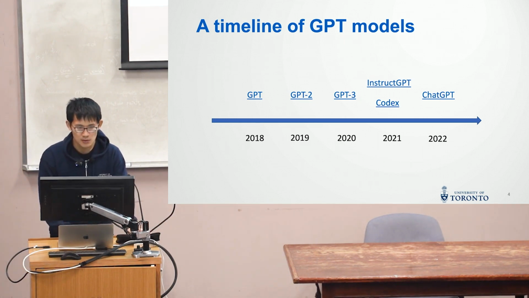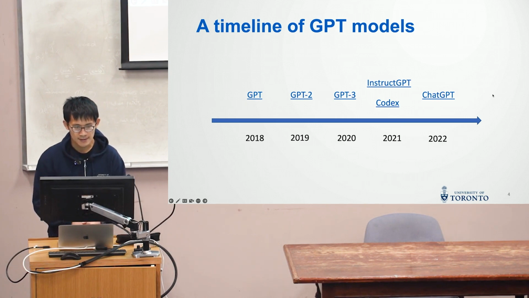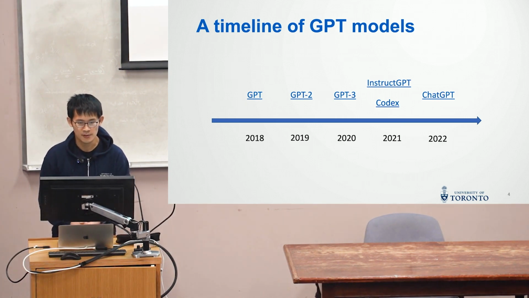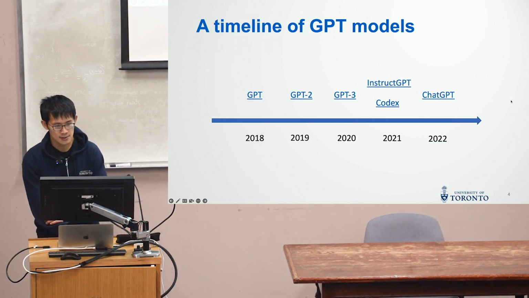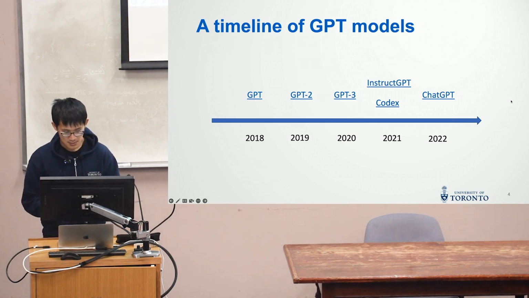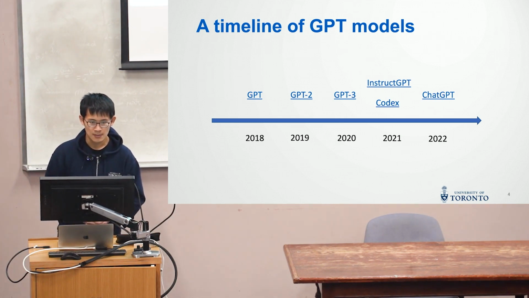There are no fundamental differences between the technologies that OpenAI already used and the technologies that are used to develop ChatGPT. So the success of ChatGPT is, in my opinion, the result of massive engineering effort and painstaking execution of those details.